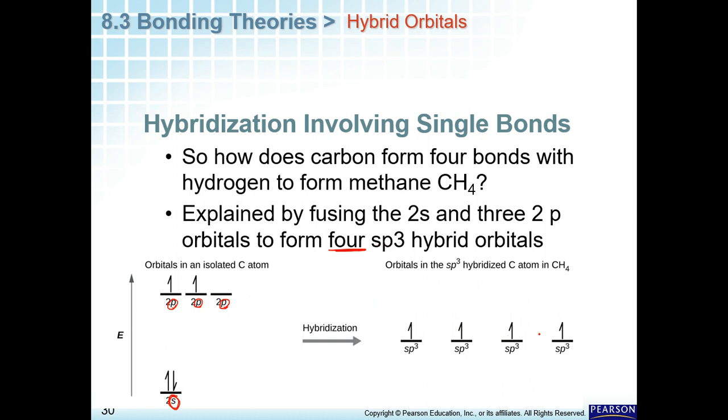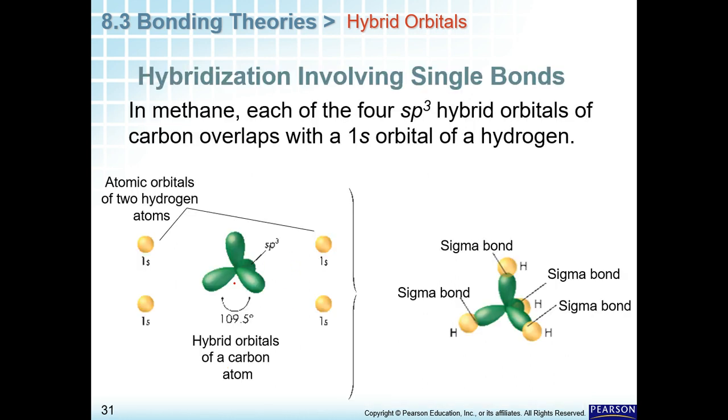So 1, 2, 3, 4. This hybridization gives all of these orbitals the same energy. Notice now instead of being on 2 different energy levels, they all have the same energy. So you can put an electron in each one of these, and that allows it to make 4 bonds. This picture shows if carbon has an sp3 hybridization, I can make a bond here, here, here, and here because I have a lone electron in each.